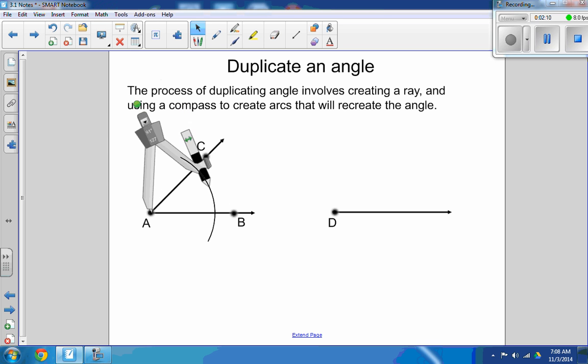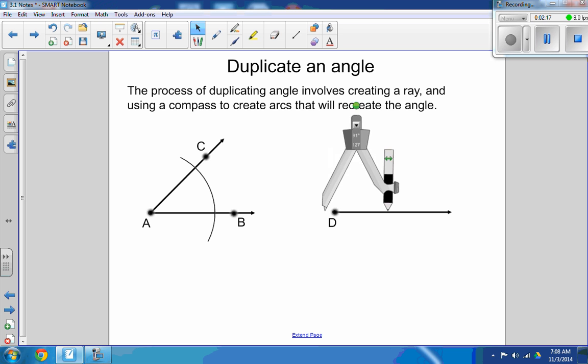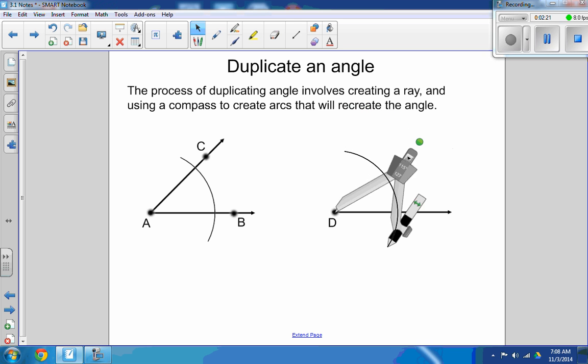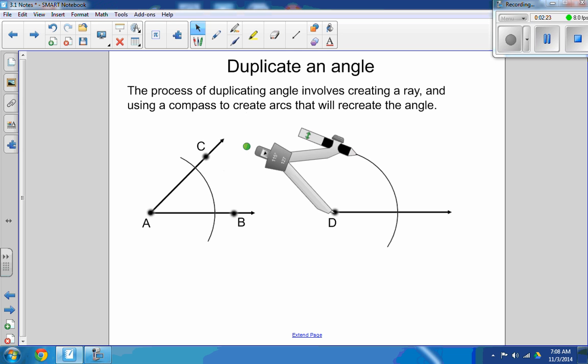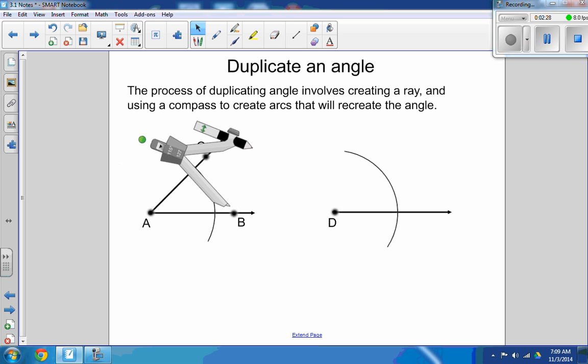Now, that arc, notice I didn't actually even take through B or C. I just chose to make an arc. And I'm going to create that exact same arc over here. Now I'm going to take my compass and put my point of rotation here.